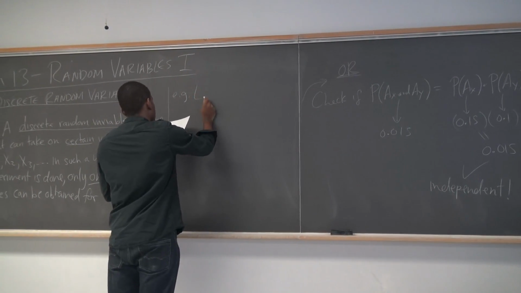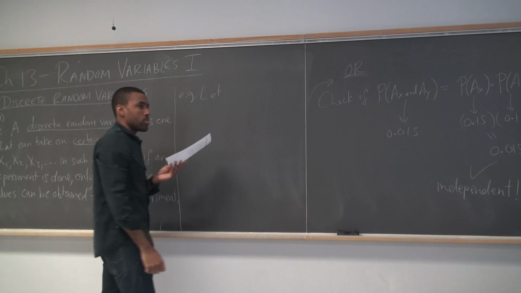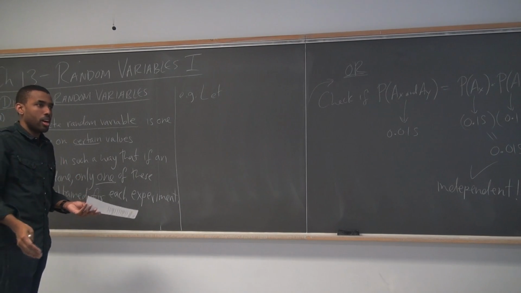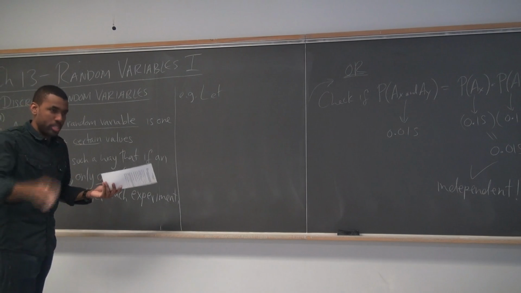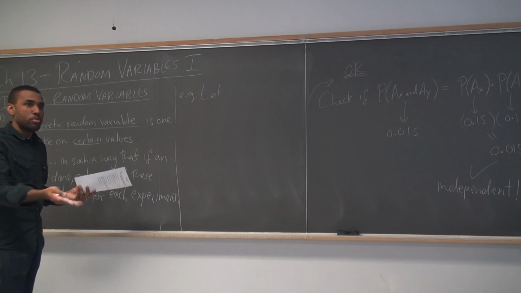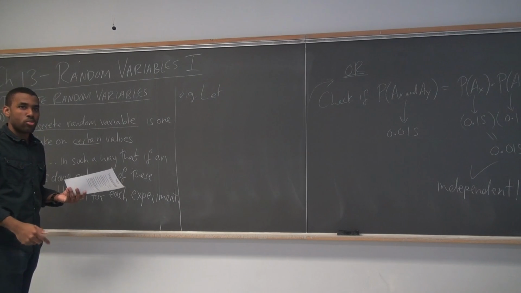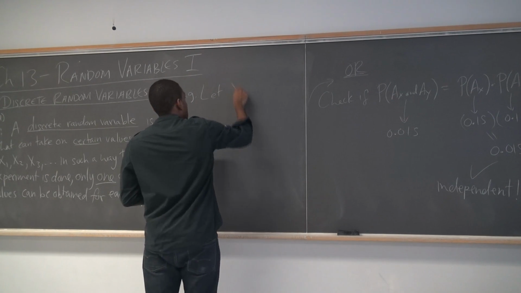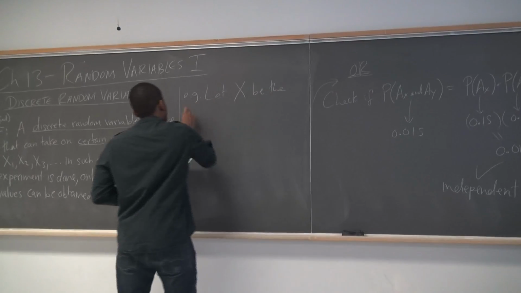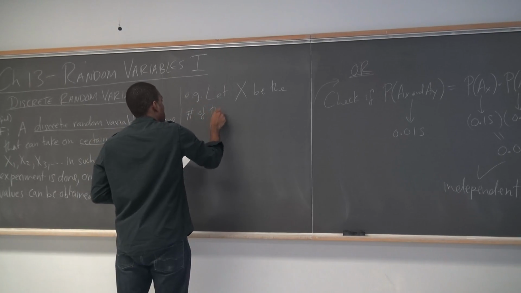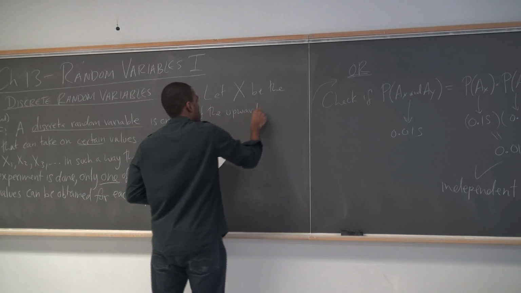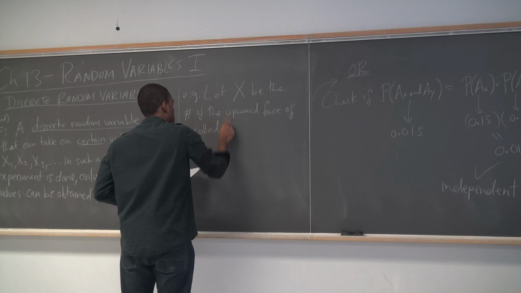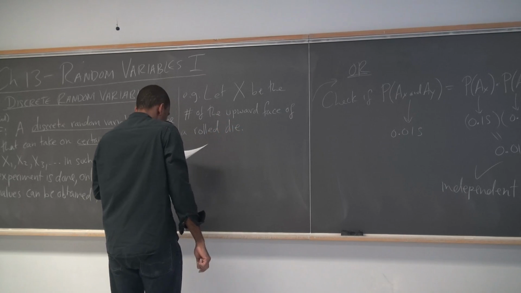In the case of dice, we have a discrete random variable. You roll a fair six-sided die, and there are only 6 possible values it can take on. It can't take on any number. There's a specific list of 6 values, and every time you roll a die, it can only take on 1 value for that roll. So that means it's a discrete random variable. Let x be the number of the upward face of a rolled die.